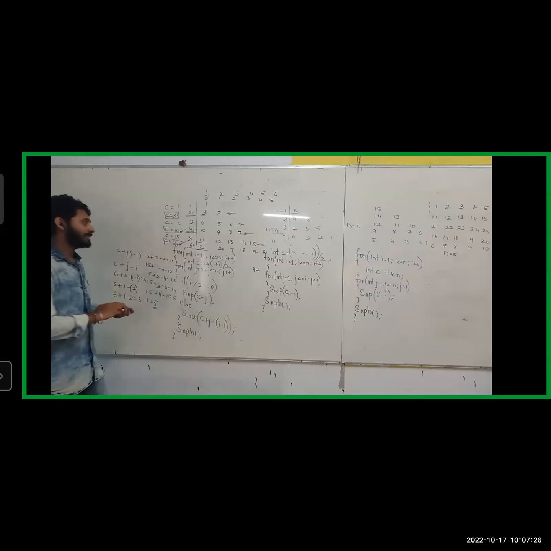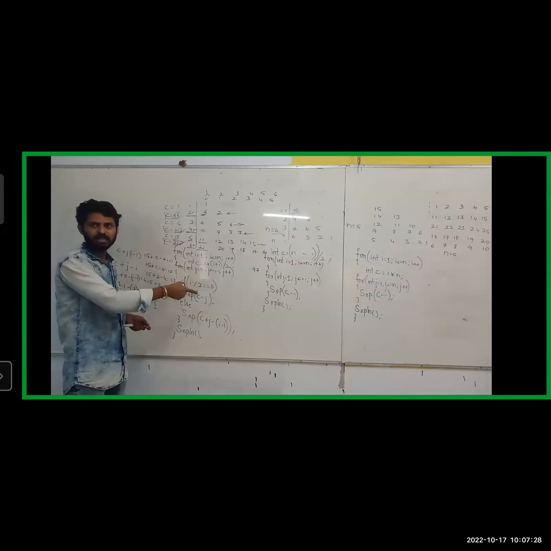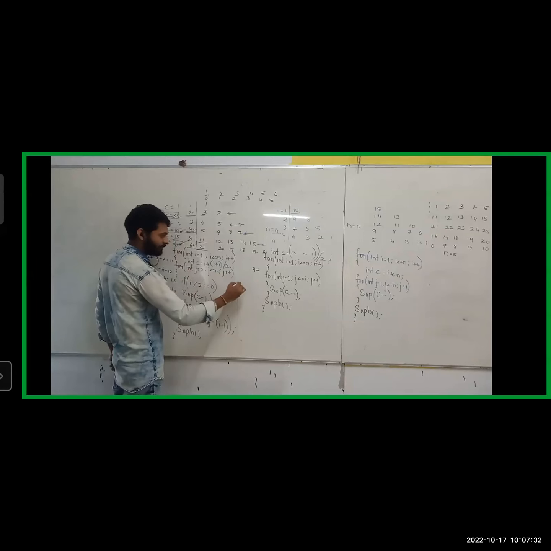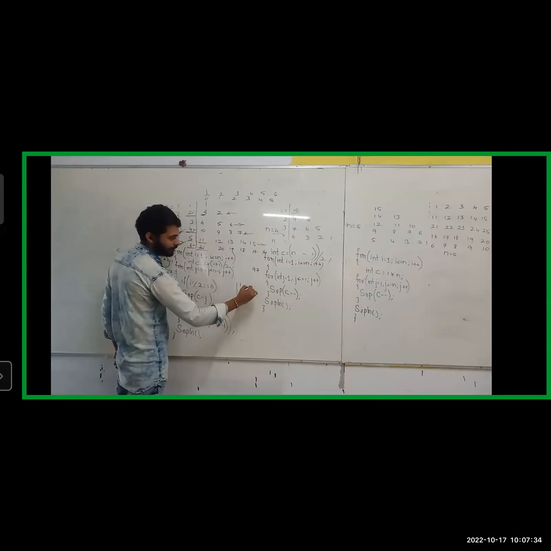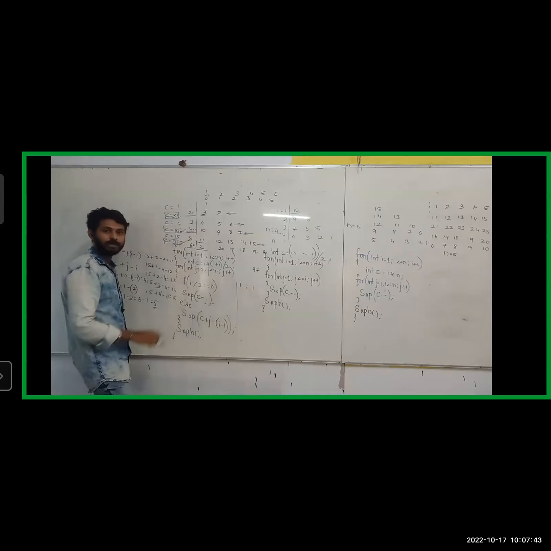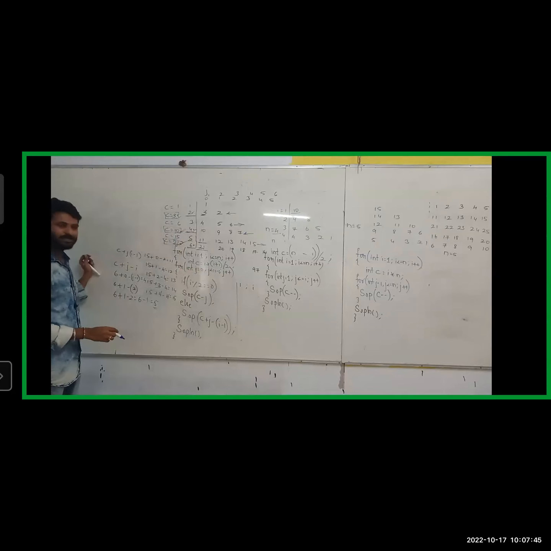Again, if I start from 1, it will be different. Should I write that also? No. Only 2 things I'll write. Provided if you started from 1 till I, the J loop. If you start from 1 till I, what should I write here? Plus 1 is nothing but I. I minus 1 I am using here.